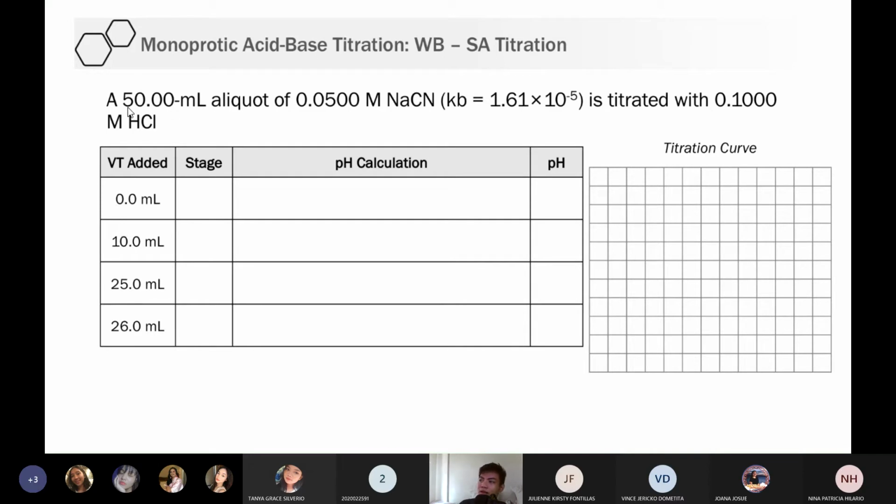Yung numbers lang. Okay. Kunwari, 2 times 3, 6 divided by 1 is 6. Siguro 60 ml yon or 6 ml, no? Shortcut lang. Okay, so 5, 25 times 1, 25. So, ibig sabihin, ito yung VTEP natin.